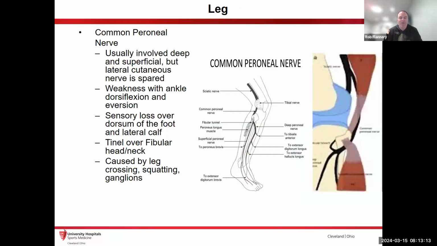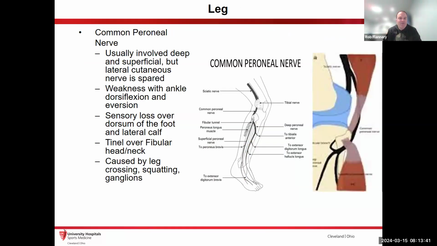A little bit more understandable is going to be the common peroneal nerve at the fibular head. It usually involves the deep and superficial, but the lateral cutaneous nerve is spared as it comes off proximal to that area of compression. You get weakness with ankle dorsiflexion and eversion. Sorry, the lights go out here if you don't move for like 3 minutes.